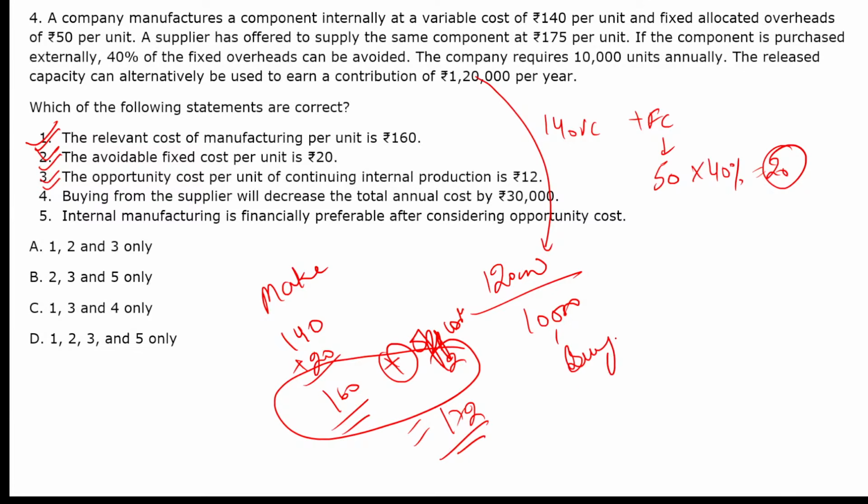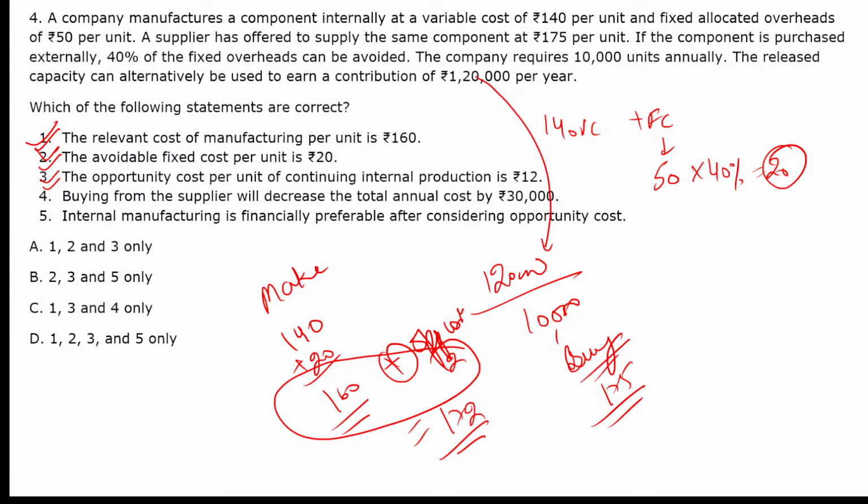But if I buy it, then 175. So buying is costlier for me, right? It is 3 rupees costlier to me. So buying from the supplier will decrease the total cost by 30,000. Do you think this is correct? The annual difference is 30,000, that is 3 rupees into 10,000.